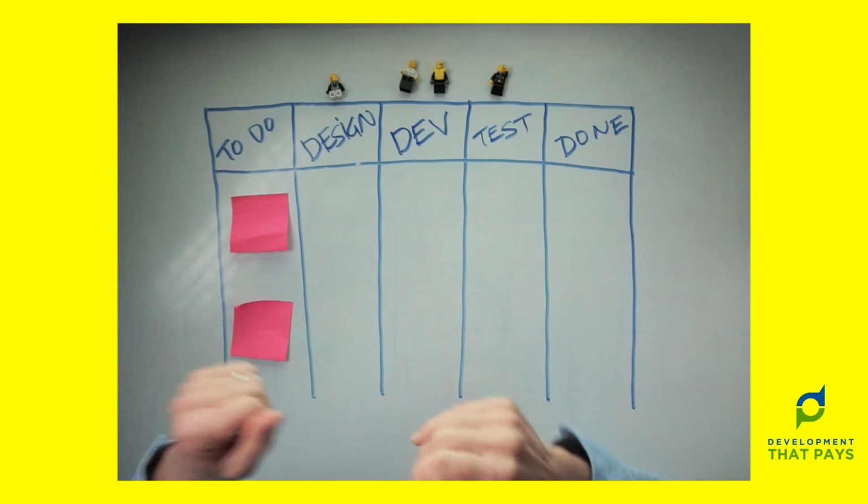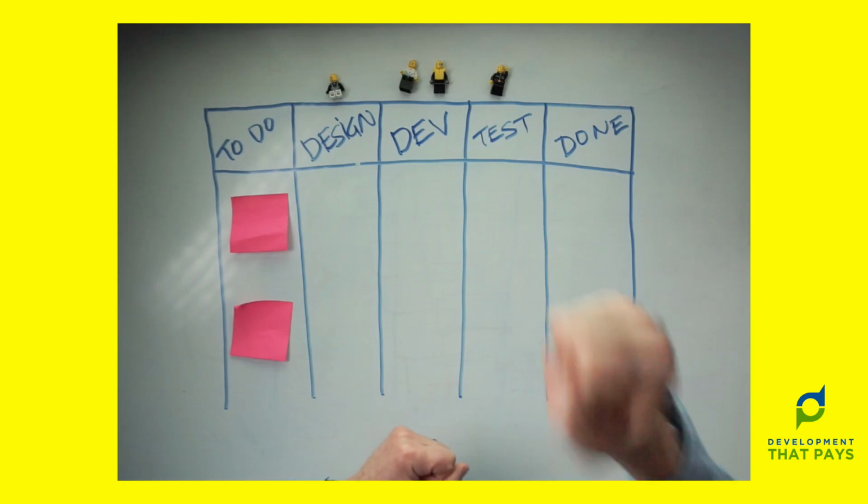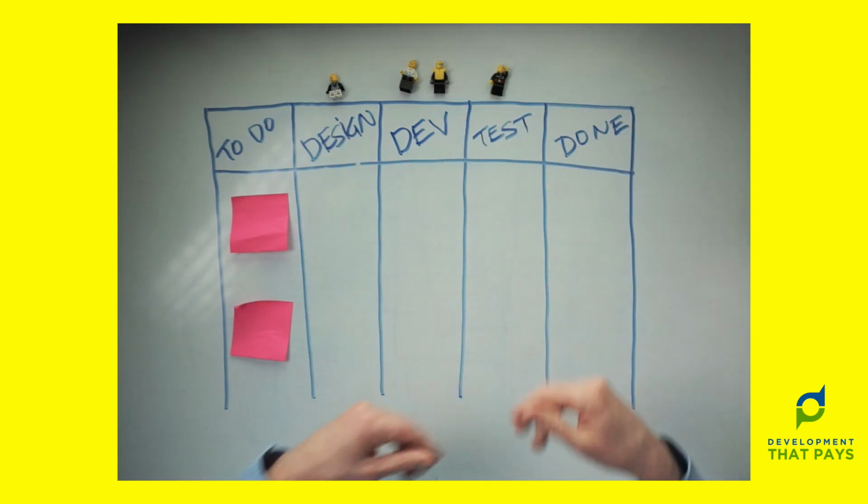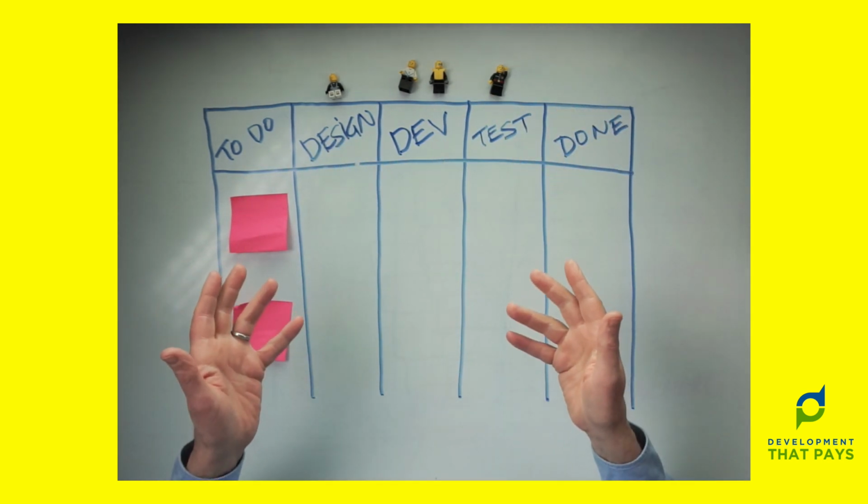So design, it's like a command. Develop, it's like a command. Test, like a command. Works well in pretty much every situation I've come across, and tends to be shorter, terser, easier to write on a board like this than options such as designing, developing, testing, or even something like in progress. Design, dev, test, keep it imperative.